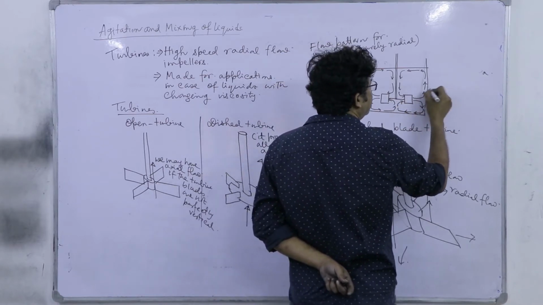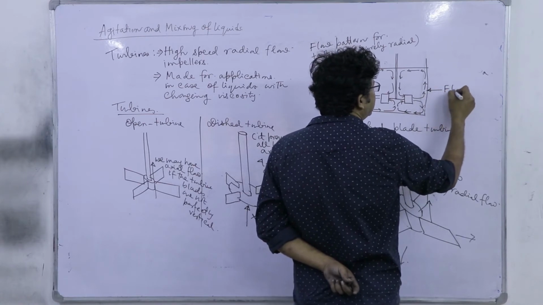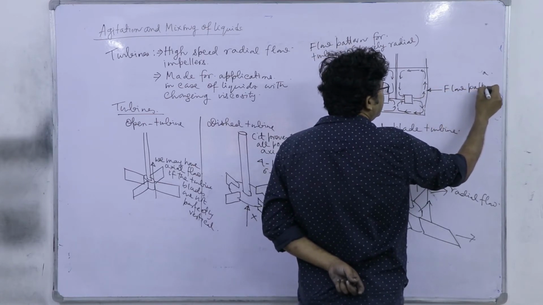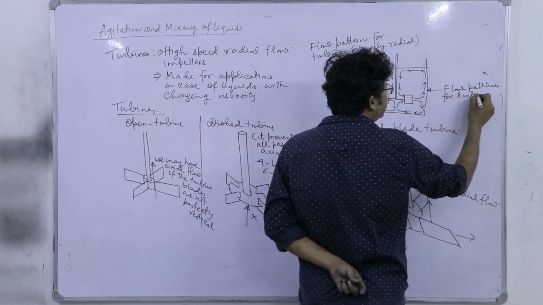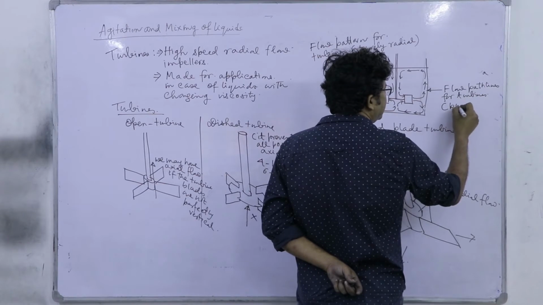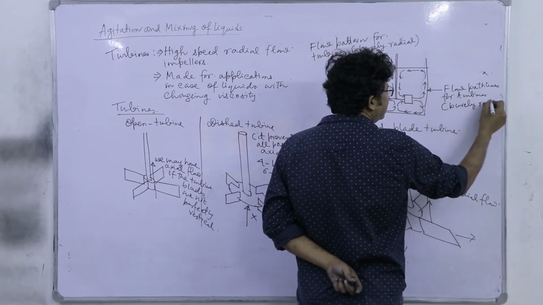So these are the flow path lines for turbines. It's purely radial turbines.